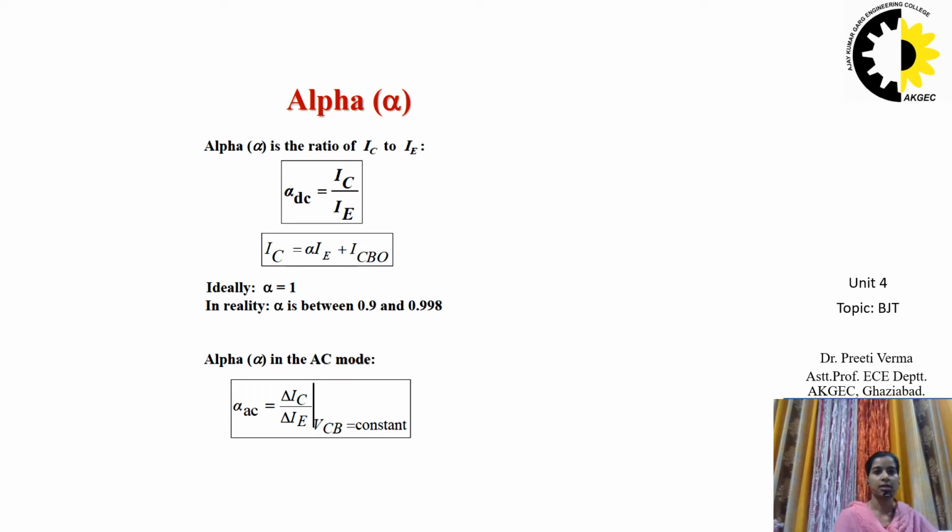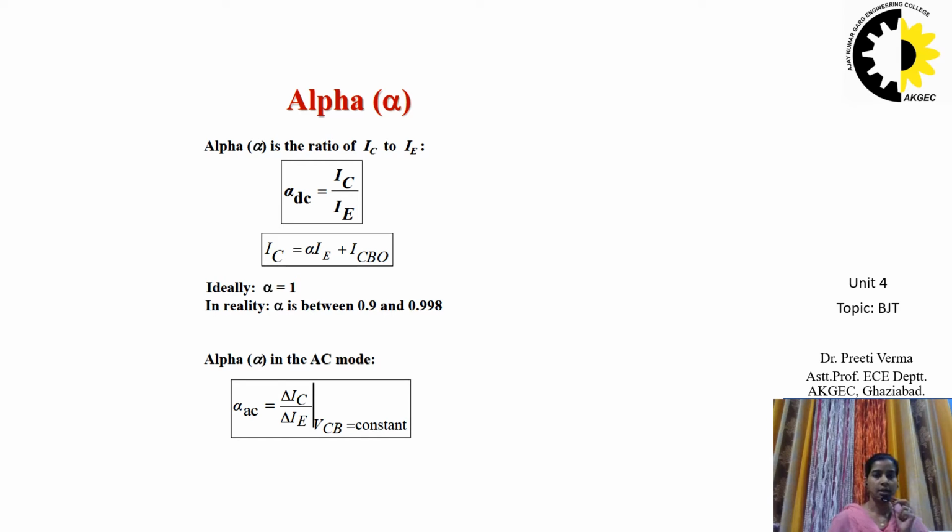Alpha, that is current amplification factor. Alpha is the ratio of output current IC to the input current IE. So this alpha is defined for the common base configuration, where the output current is the collector current IC and the input current is IE.